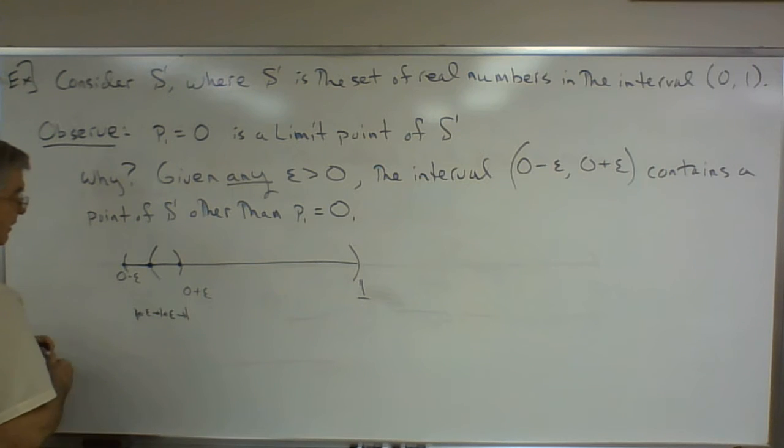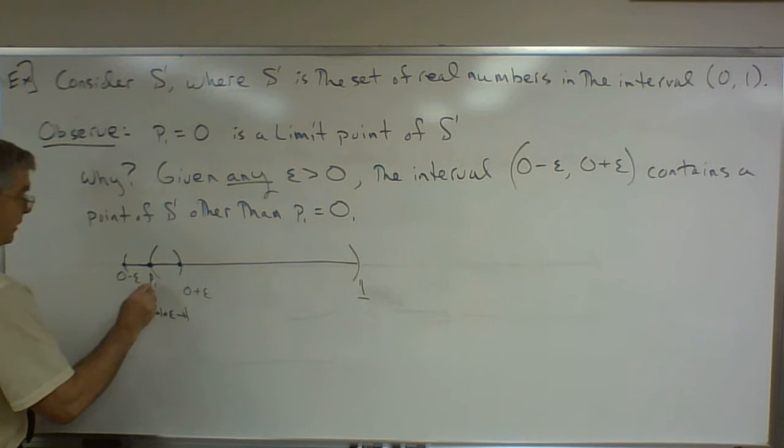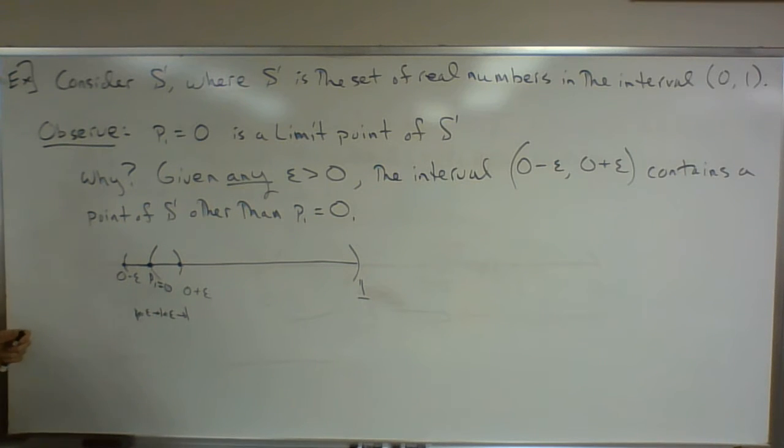And right here is P1 equals 0. Now, does this interval from 0 minus epsilon to 0 plus epsilon contain a point of S other than P1 itself?